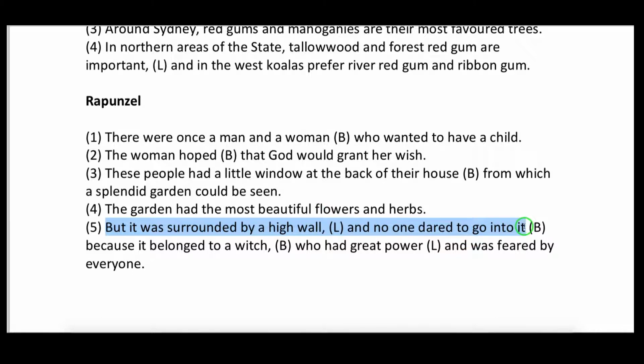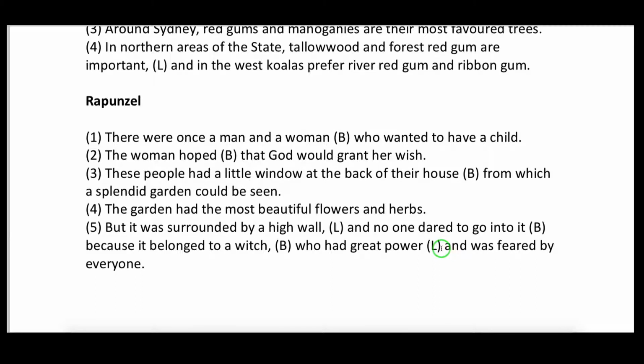So that's linking. After that, we have a because clause. Now, because tells you that it's a dependent clause, so that's a binding. Who had great power, also binding, and that is linked to the final clause here, and was feared.